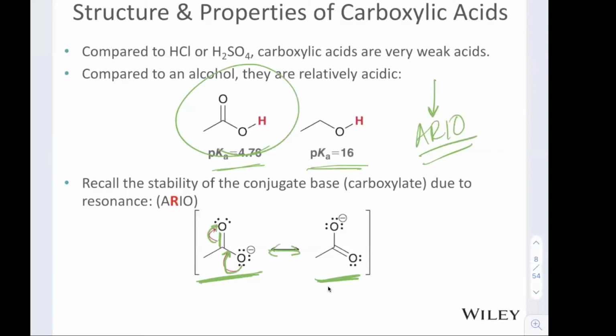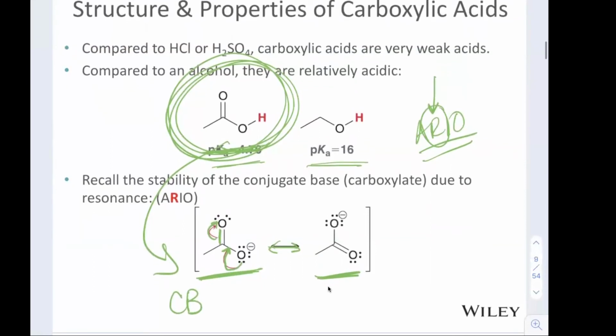So the carboxylic acid here, circled in green, is a stronger acid because its conjugate base is more stable because of resonance. And that's the R in ARIO. Carboxylic acids are stronger acids than alcohols because their conjugate base is stabilized by resonance. And hopefully that's review for you.